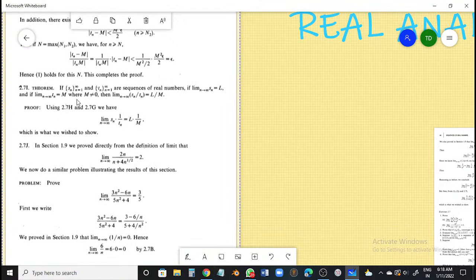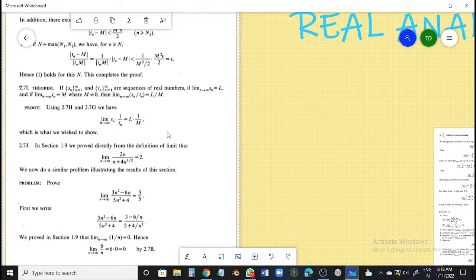If Sn, n running from 1 to infinity, and Tn, n running from 1 to infinity, are sequences of real numbers, and if the limit of Sn is L and the limit of Tn is M, where M is non-zero, then the limit of the quotient sequence Sn upon Tn will also be on the same lines. It will be L upon M.